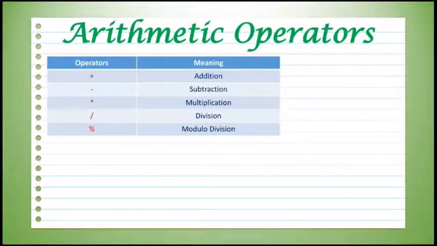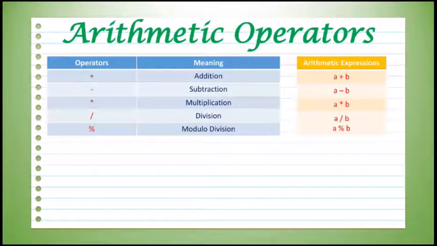And last, that is the modulo operator, which is used for modulo division. For example, A plus B, A minus B, A into B, A divided by B, and A mod B.